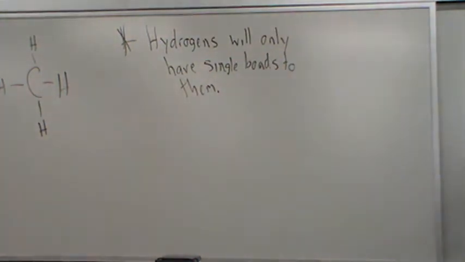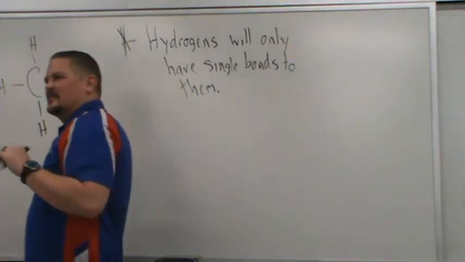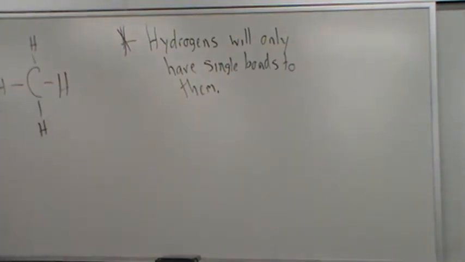Okay, and the reason why hydrogen are going to be happy with only 2 electrons, because once they reach 2 electrons, they start acting like what other element? What other element has only 2 electrons to it? Helium. Helium is a noble gas. And we said that noble gases are, starts with an I and ends with inert. Inert. Okay, they're happy, they're stable.